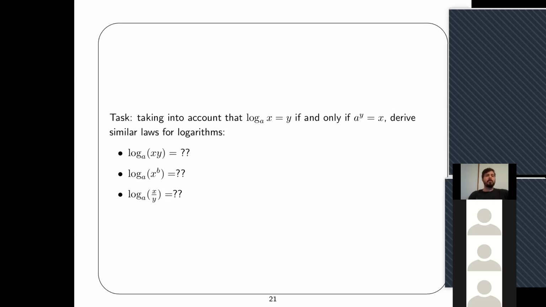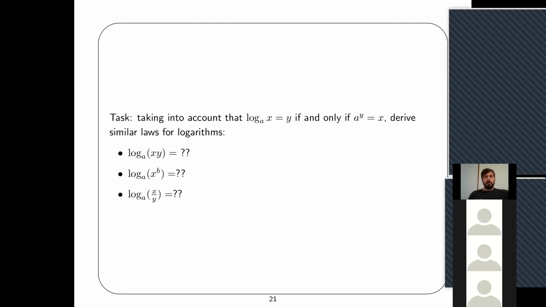You already probably know these, but try and figure it out. Let me restate the identity: base a logarithm of x is equal to z if and only if a to the power of z is x. So the base a logarithm of xy is equal to some number if and only if that number behaves in a certain way.